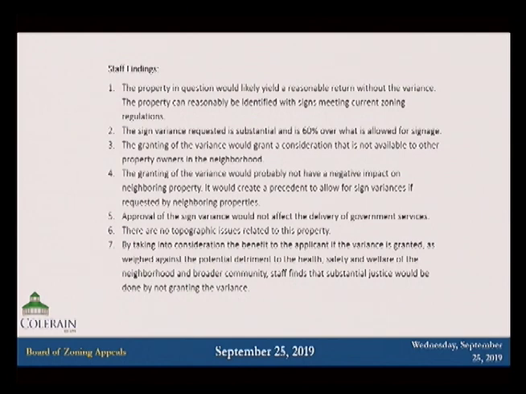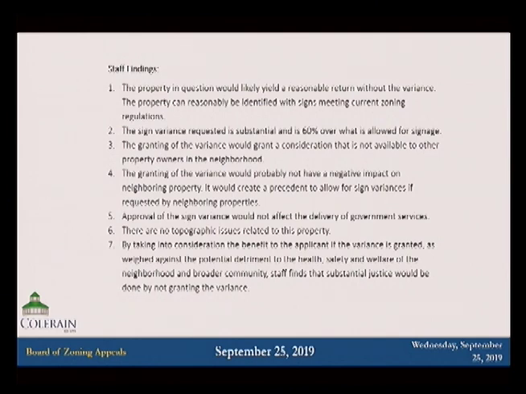Technically, it's 60% over what is allowed for signage. 3, the granting of the variance would grant a consideration that is not available to other property owners within the neighborhood. 4, the granting of the variance would probably not have a negative impact on the neighboring property, but it would create a precedent to allow for sign variances if requested by other neighbors. 5, approval of the sign variance would not affect delivery of government services. 6, there are no topographic issues related to this property.